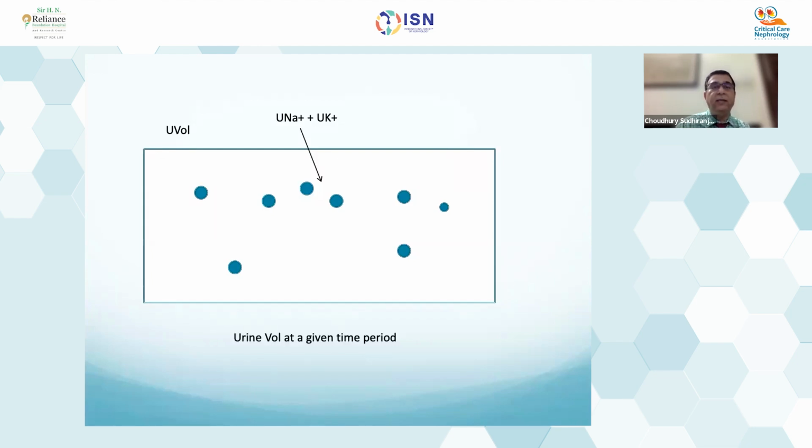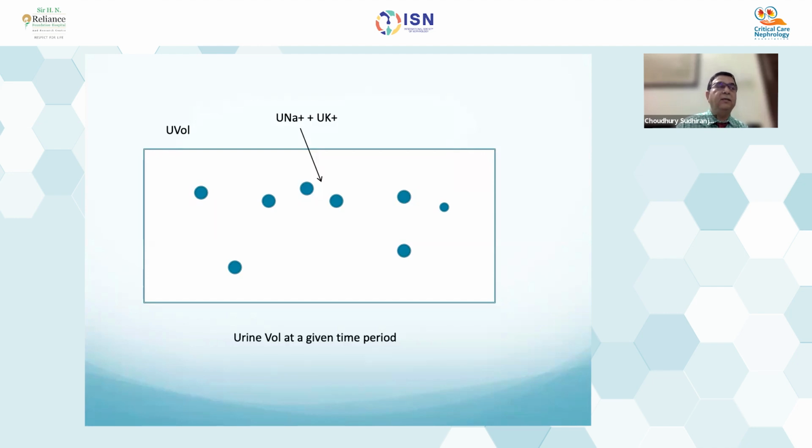The most important point in SIADH or euvolemic hyponatremia is to restrict water. That is the first and foremost plan you will have in that scenario. So you need to know how much has to be restricted.